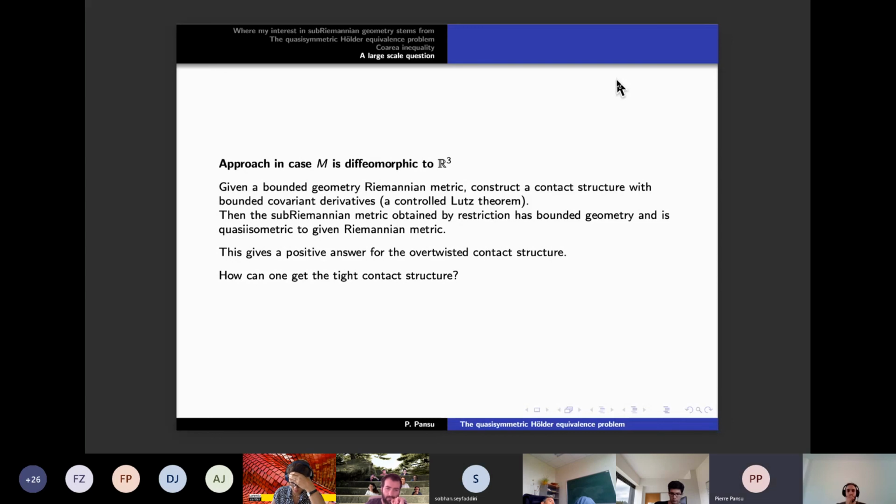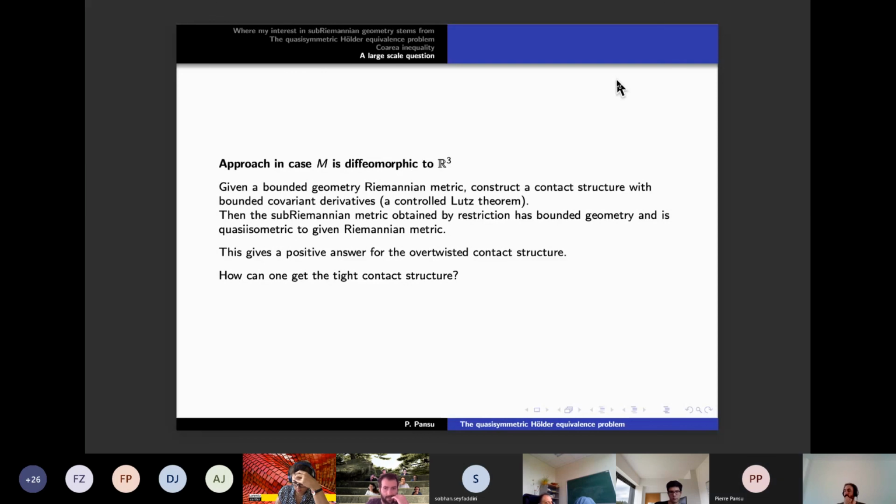It seems to me rather likely that this is possible. And so I obtain a contact structure and a sub-Riemannian metric simply by restriction of the given Riemannian metric, and I expect it to be quasi-isometric to the given Riemannian metric.